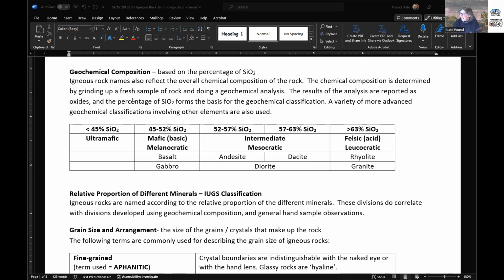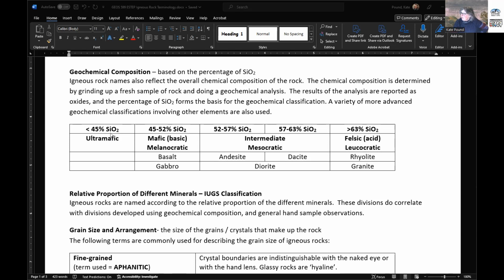And the way that data is presented is as what we call oxides. But what's really important is the computer spits out a list of what's in it. All you have to do is look at the percentage of silica.